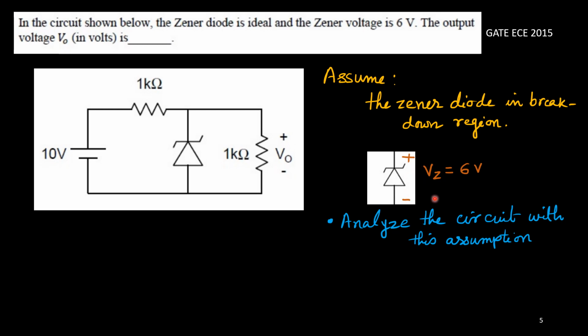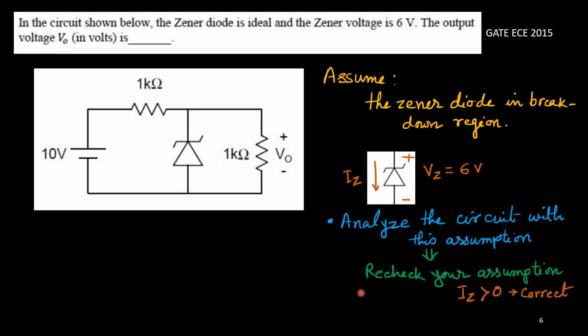With this concept, we'll analyze the entire circuit, and at the end we'll recheck our assumption. We'll see what the current through the Zener diode is. This current from N to P, IZ, if it is more than 0, positive, then only it is under breakdown region.